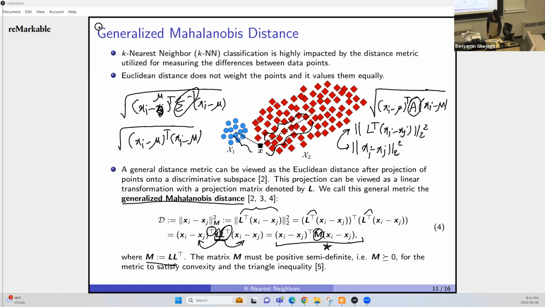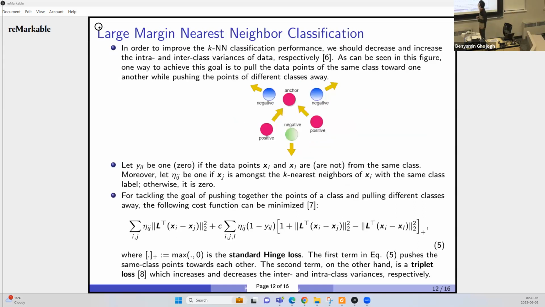Okay? So that was a talk about Mahalanobis distance, which was important. Now, there were some people who said, in order to improve the KNN classification performance, we should decrease the intra-class variances and increase the interclass variances of data. This is the idea of Fisher.